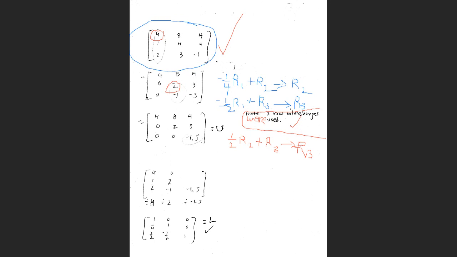Okay, and now the matrix here is in echelon form. It's upper triangular.